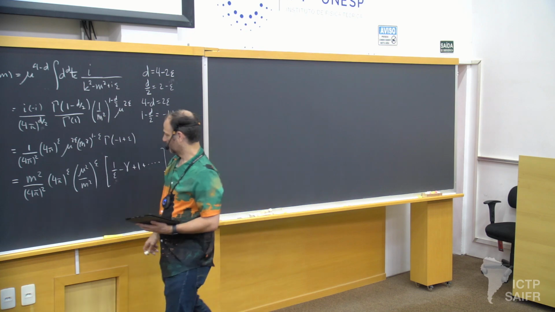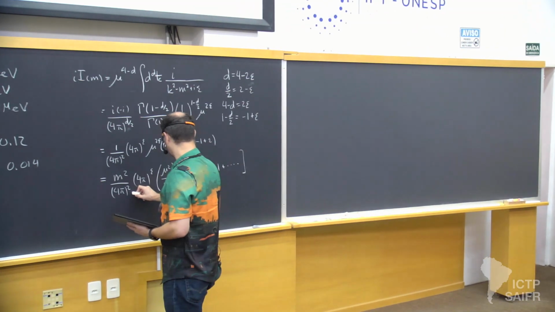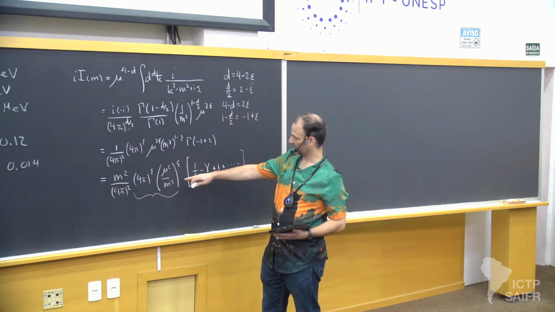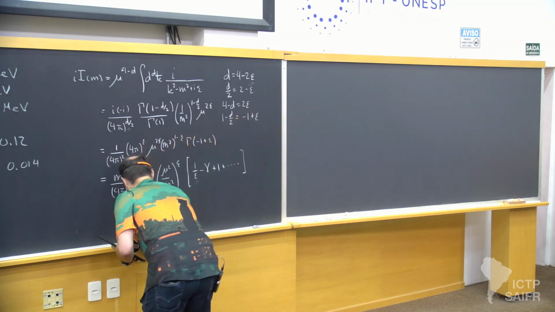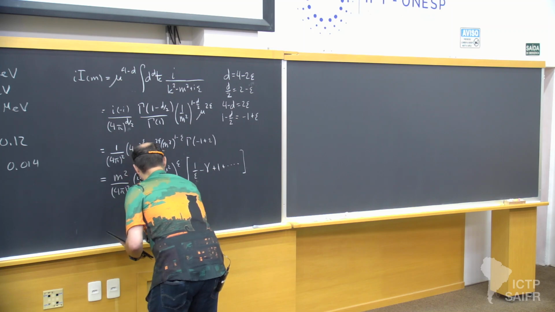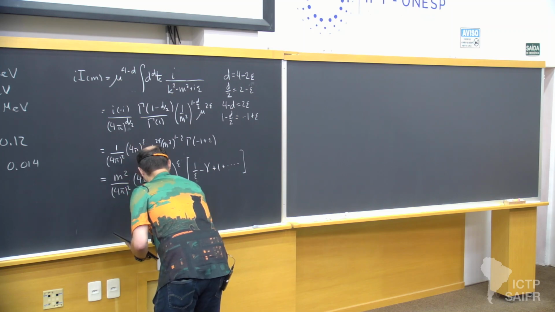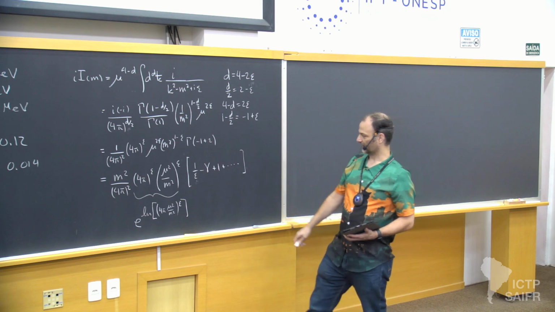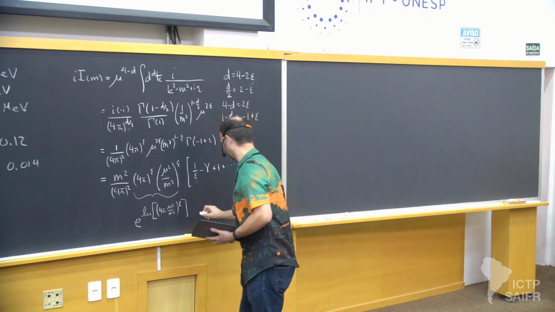So now I'll walk you through the trick we do. We take this 4 pi to the epsilon, mu squared over m squared to the epsilon, and we rewrite that as the exponential of the log of 4 pi mu squared over m squared to the epsilon power. And then we use the rules of the log to pull the epsilon out front.